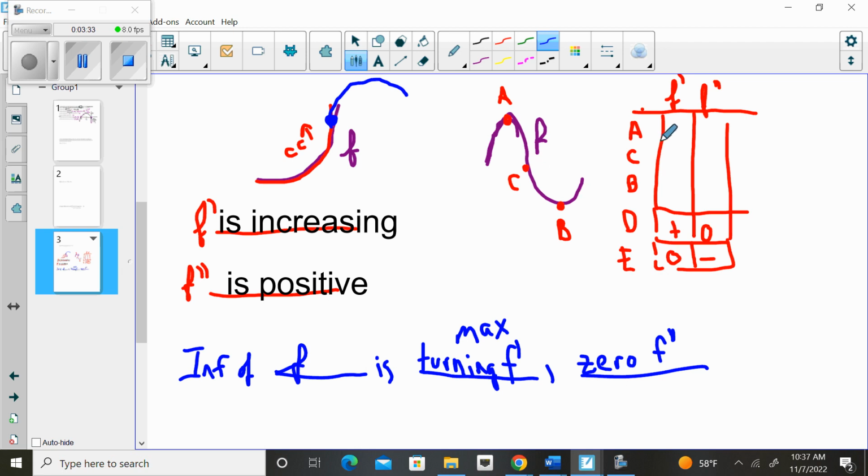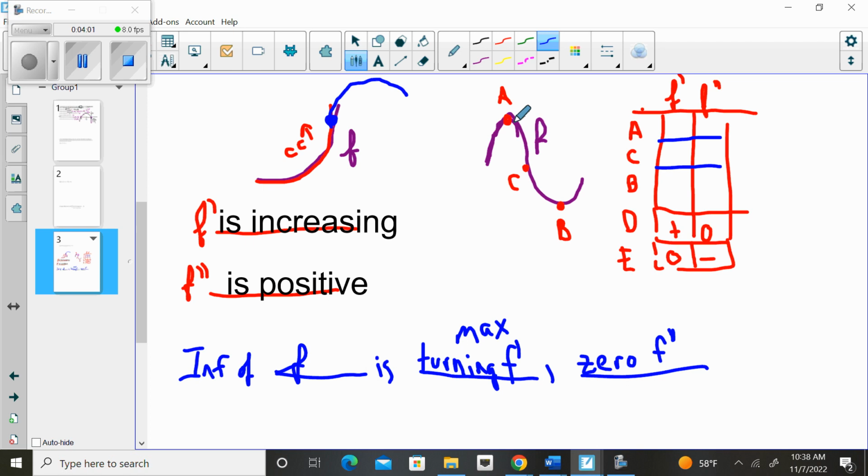What do we know about f and f prime at each of these points? Try to fill this in without me, and then come down here and tell me something about point D and point E. I could do two things. I could give you the graph, you could fill in the chart. I could give you the chart, you tell me about what's happening at those points. And this question intermixes both of them.